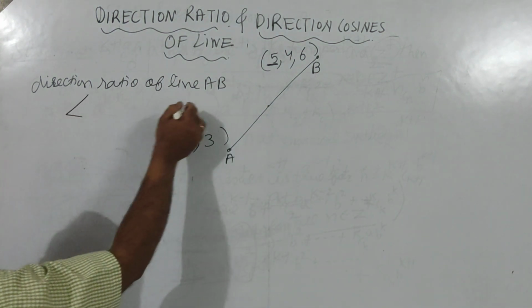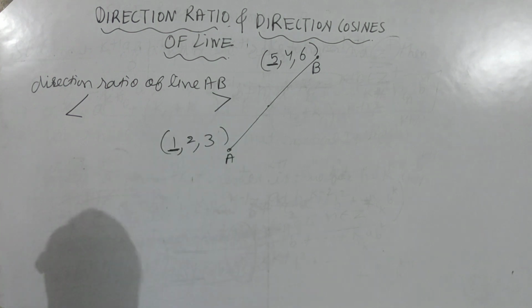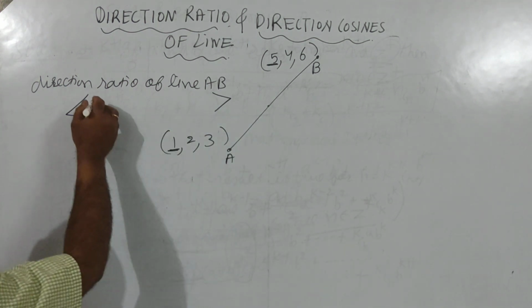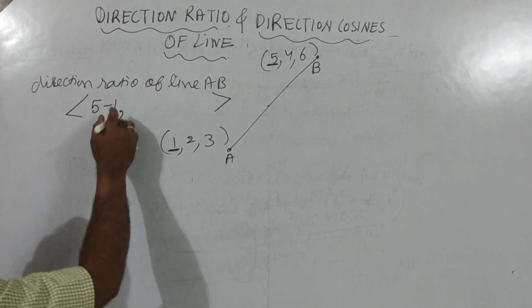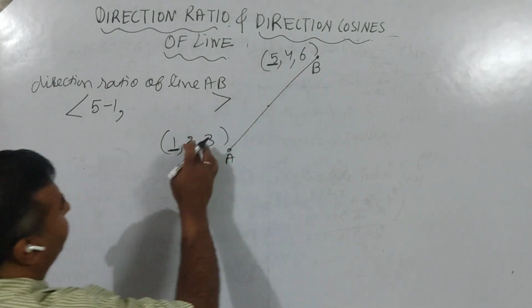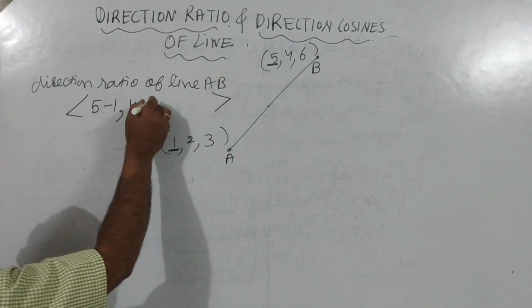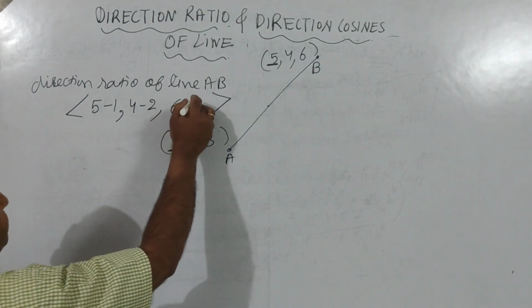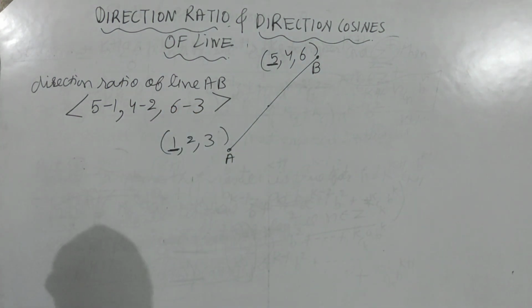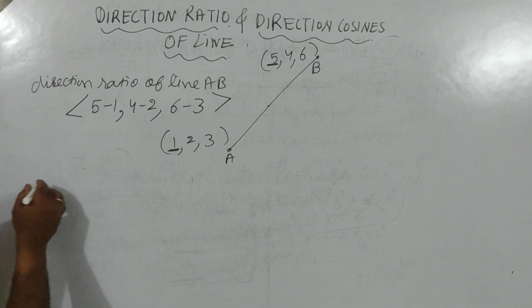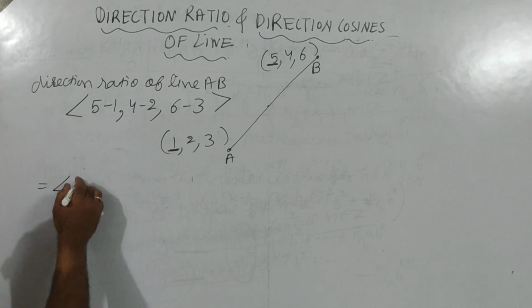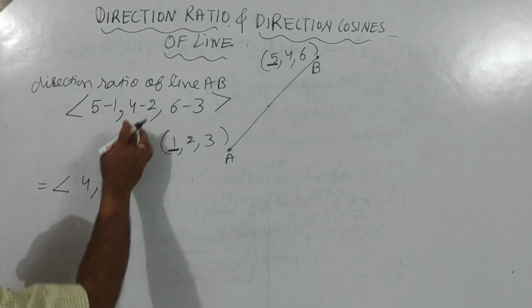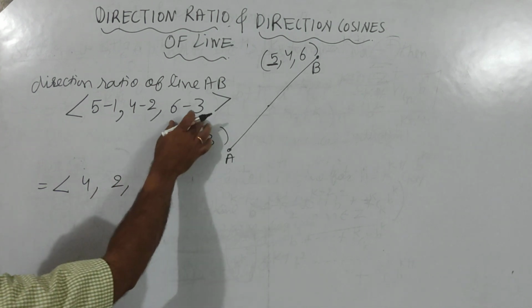You write these brackets for direction ratios: 5 minus 1, comma, 4 minus 2, then 6 minus 3. Now the direction ratio of line AB is 4, 2, 3.